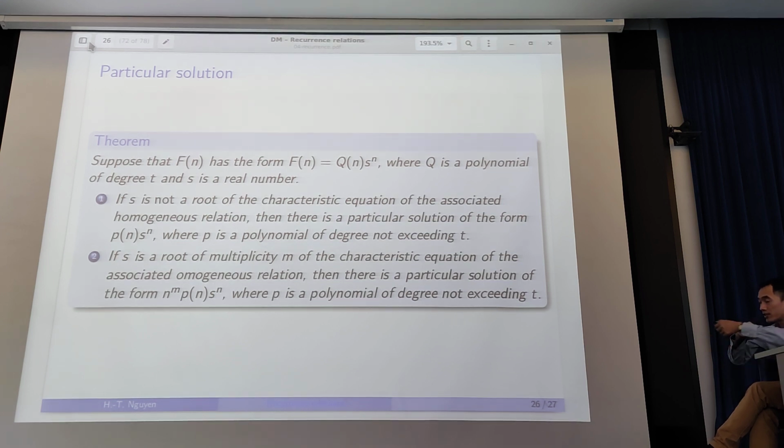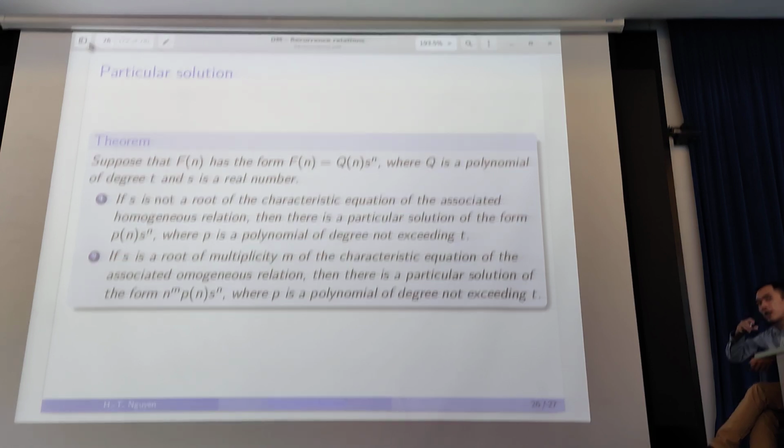The detailed formula can be consulted in the document, but if you don't see the idea, you don't know what the formulas talk about, what the meaning of the formula is, then it will be difficult. Okay. So here, as usual, we distinguish two cases. When S is not a root of the characteristic equation.